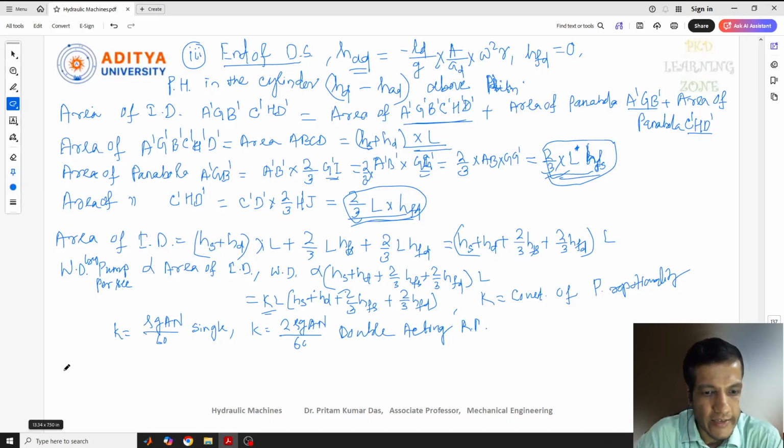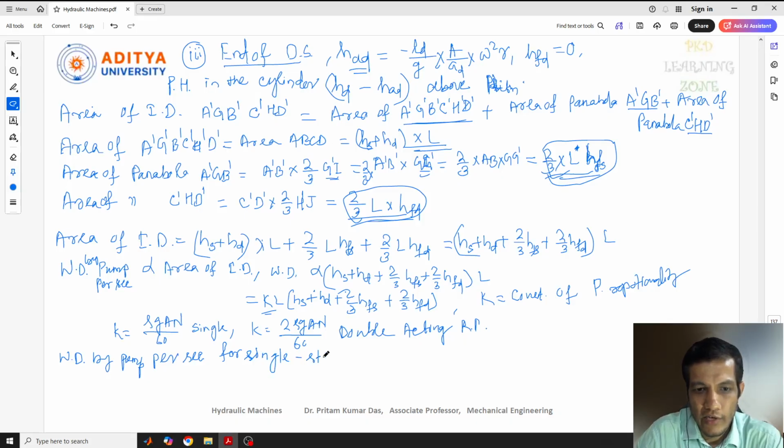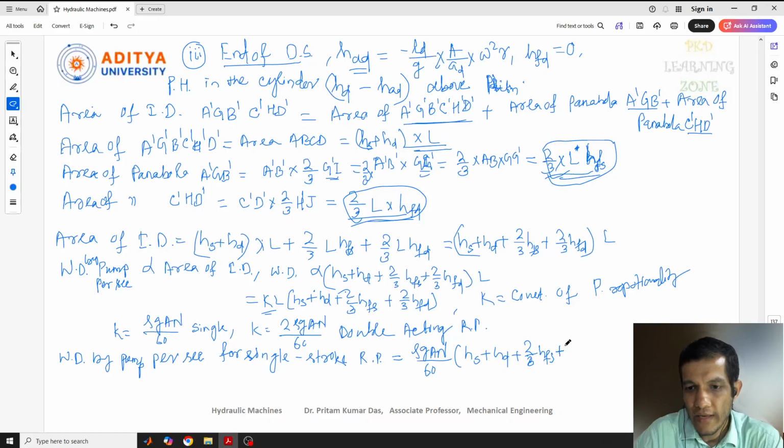So similarly, if I write the final one, the work done by the pump per second for a single acting reciprocating pump is the K value, rho GAN by 60, times the whole bracket: HS plus HD plus 2 by 3 HFS plus 2 by 3 HFD.